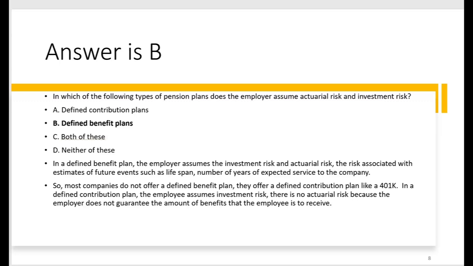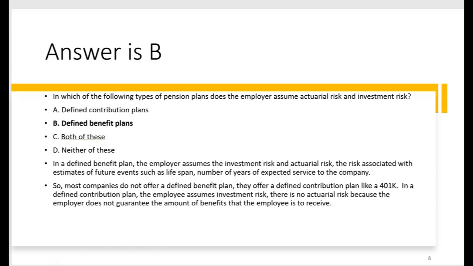That's investment risk. So most companies, we said, do not offer a defined benefit plan anymore. They offer a defined contribution plan like a 401k. In a defined contribution plan like a 401k, the employee assumes investment risk, and there is no actuarial risk in a defined contribution plan because the employer does not guarantee the amount of benefits that the employee is to receive, nor does the employer base the contributions on how long they think the employee is going to work there or how many years they're going to live after retirement.